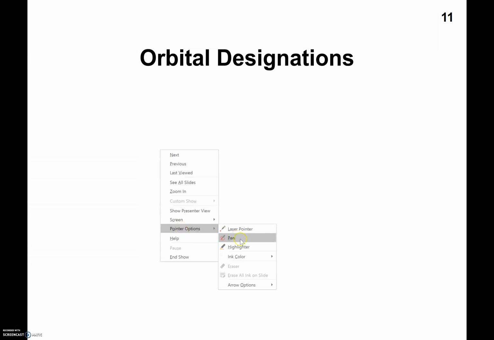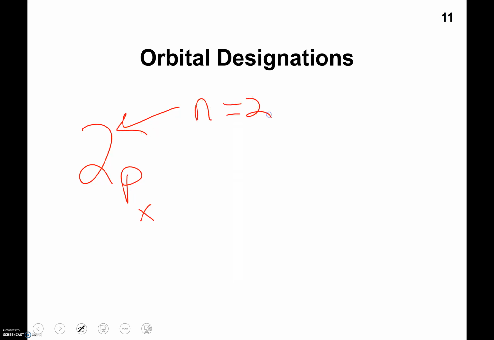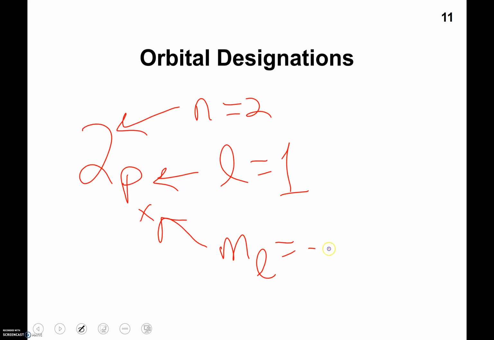All right, orbital designations. One way you write these things is, let's get a pen going, if we want to see something, let's say someone wrote 2px. Well, this right here is the n equals 2 energy level. This is referring to L equals 1 for p orbitals, and this is an M sub L number, and we'll go ahead and just call that minus 1.